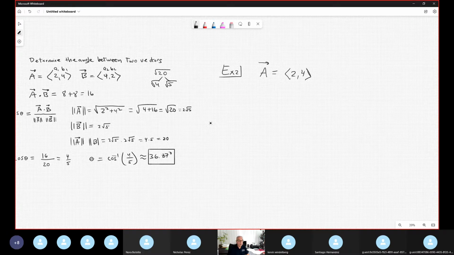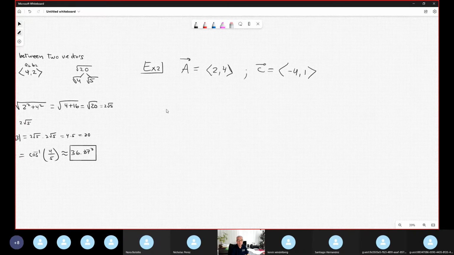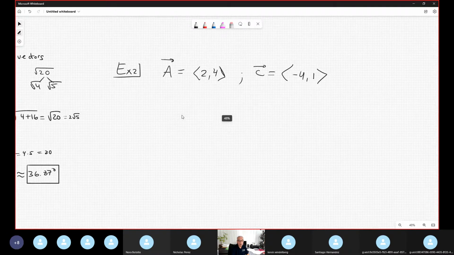Repetition again, the A vector is the same. But now, the C vector, another vector, is (-4,1). And the same job: determine the angle in between these vectors. Okay, no problem, I understand. You are doing the dot product.